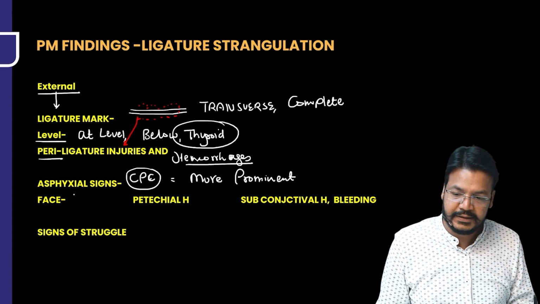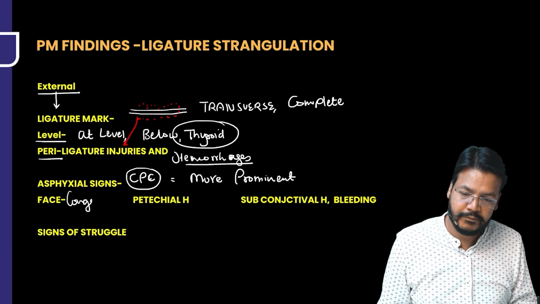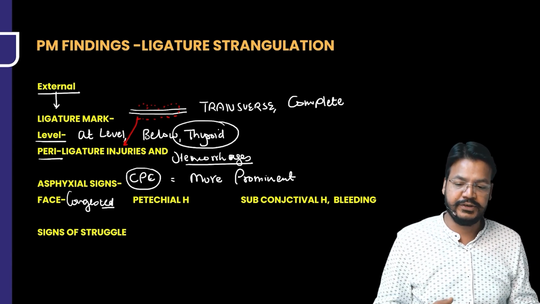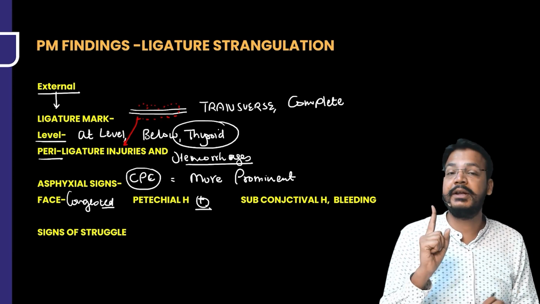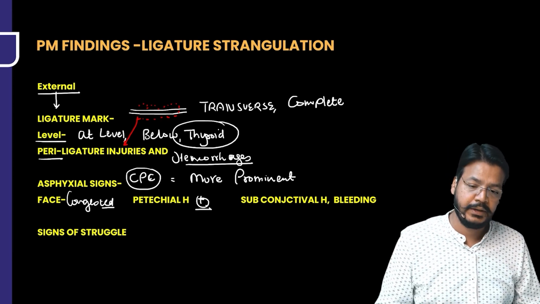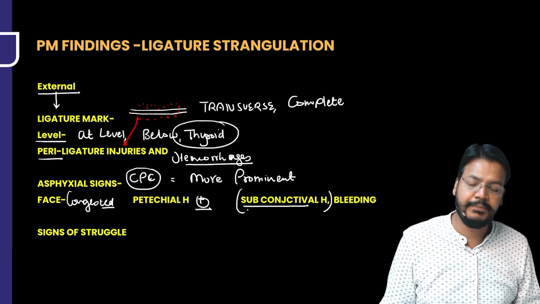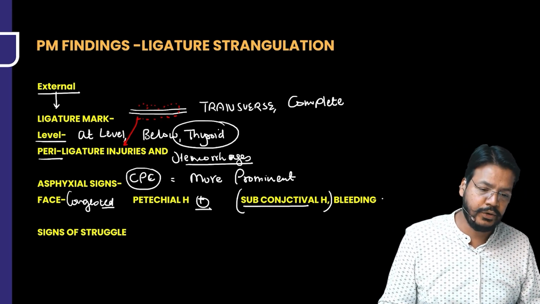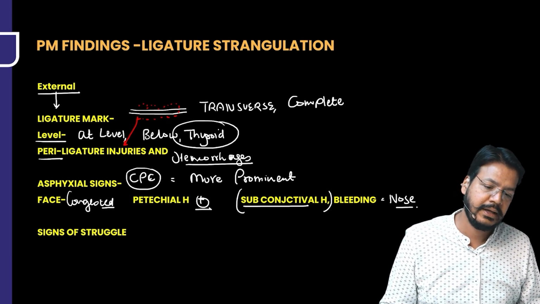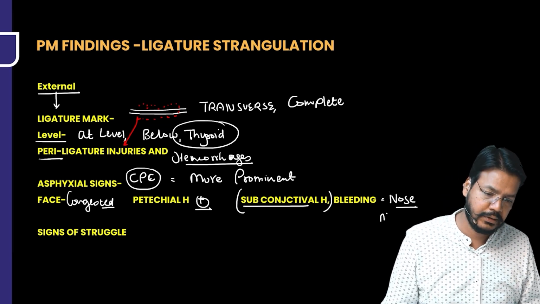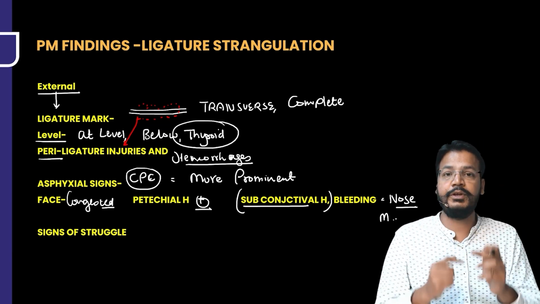Now, face, yes, my dear friend, face would be congested. Petechial hemorrhages will be present on the face. Subconjunctival hemorrhage can be present, and bleeding from the nose and mouth can be possible. Especially bleeding from the nose.